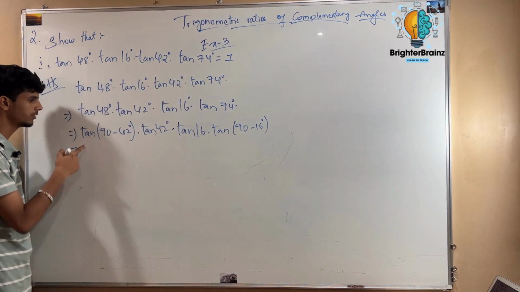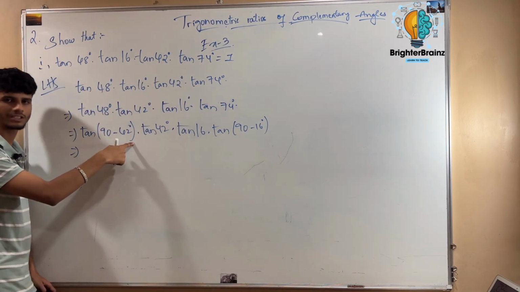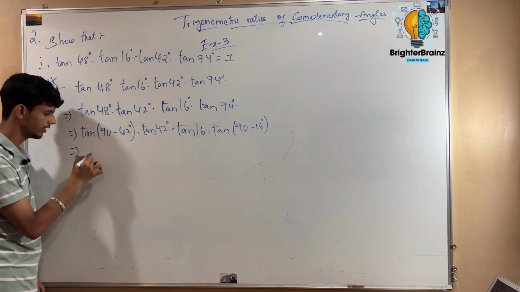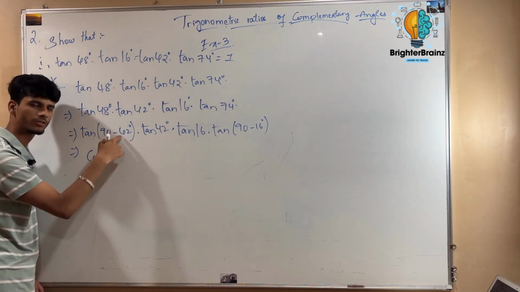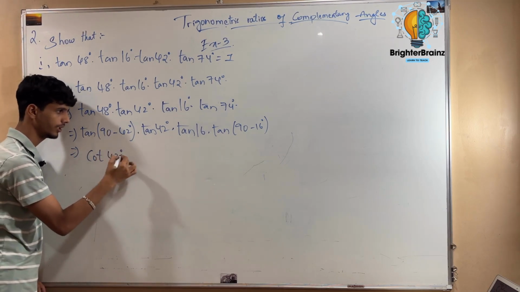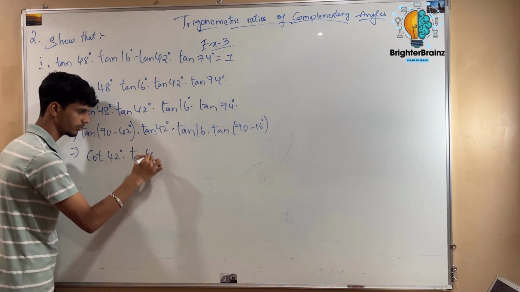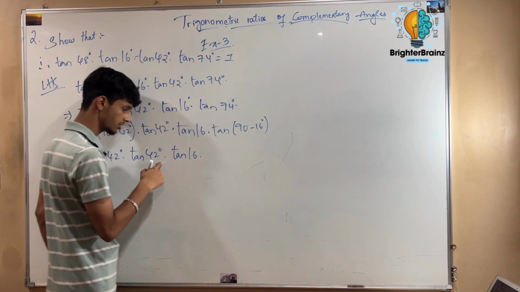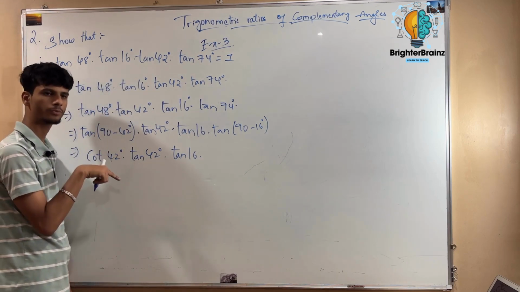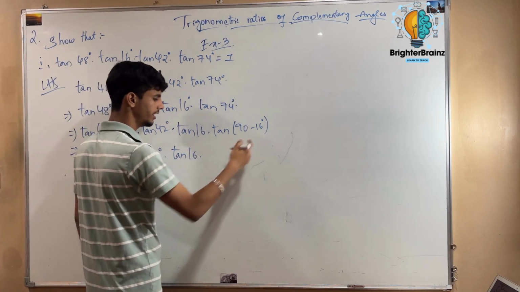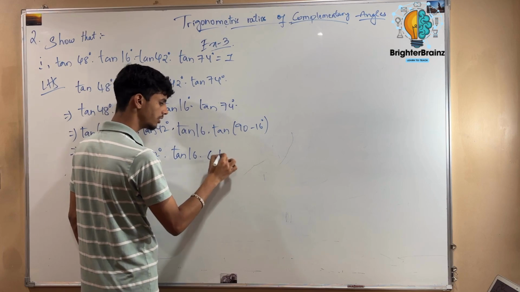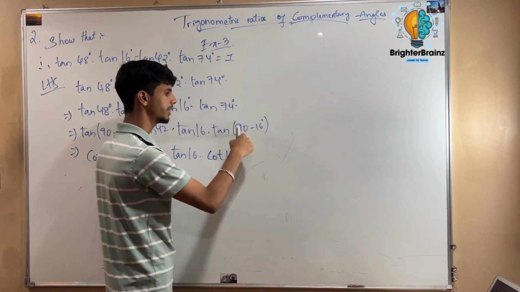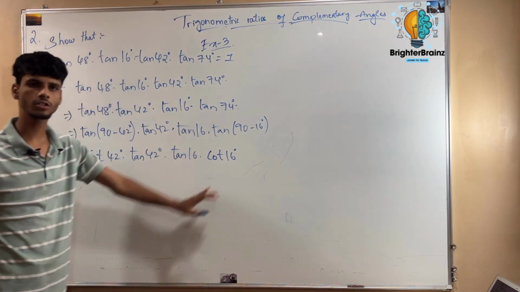Next, now tan of 90 minus x becomes cot x, that is cot 42 degrees. Very good. And next, tan 42 same as like that, and tan 16 degrees into, this dot represents the product. Okay, next, tan of 90 minus x becomes cot x, that is cot 16 degrees. So tan 90 minus 16 becomes cot 16.